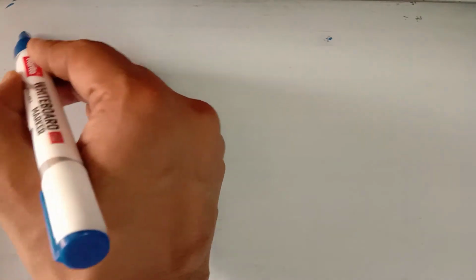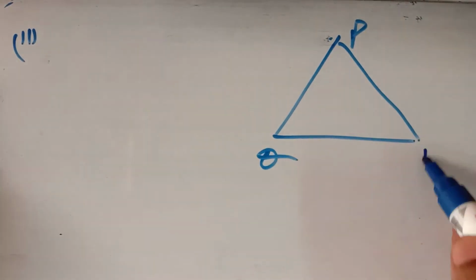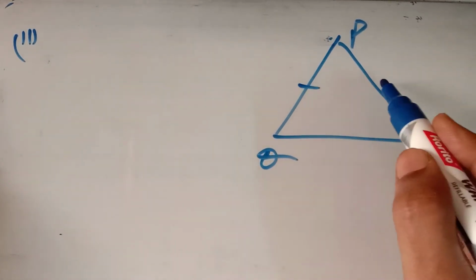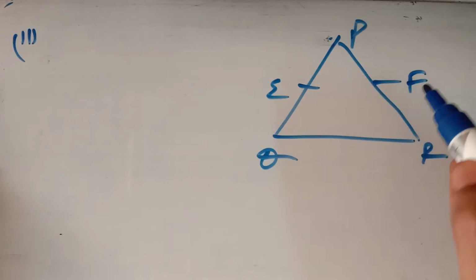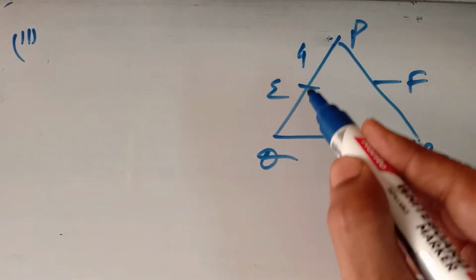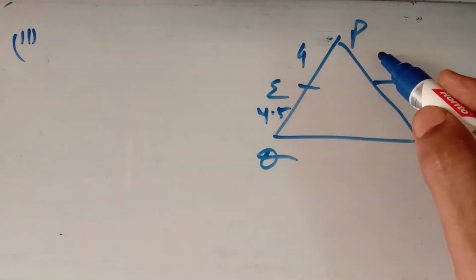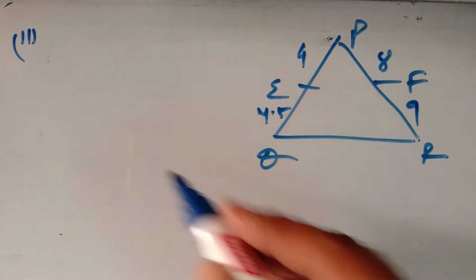Similarly, in the second part, the various sides are given and you have to find whether the lines are parallel or not. So P, Q, R and EF, and in this it is given that PE is 4 and EQ is 4.5, and this is 8 and this is 9 centimeter.